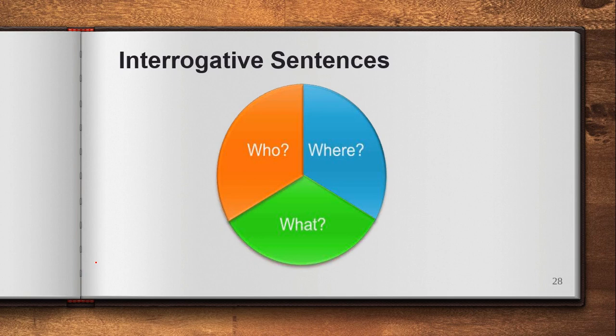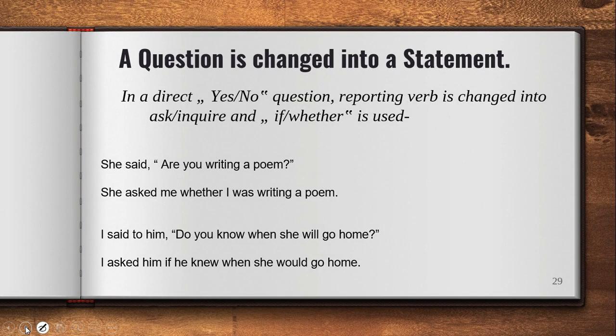Do you know what an interrogative sentence is, guys? It uses a question mark, like who, where, what, or the answer may be yes or no. If the direct speech uses a question and you want to change it into indirect speech, it totally changes to a statement.